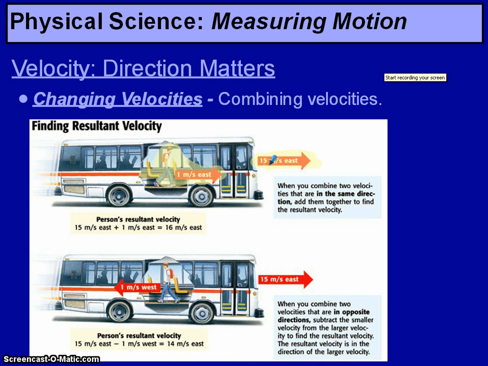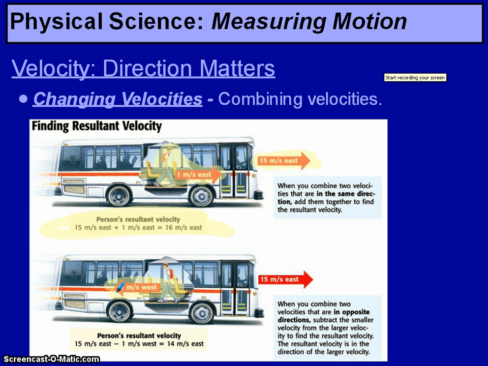Now, the man, he's walking up the bus 1 meter per second east, and the bus is heading 15 meters per second east. So, from the standpoint of the creepy tree outside, the person is going at about 16 meters per second east. So what if he's going the other direction? 1 meter per second west.